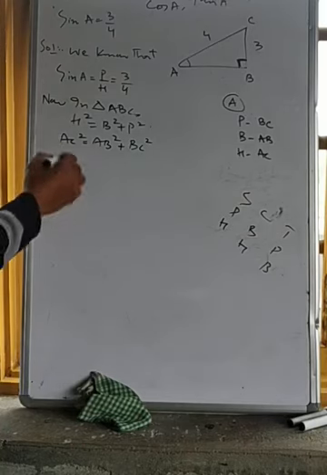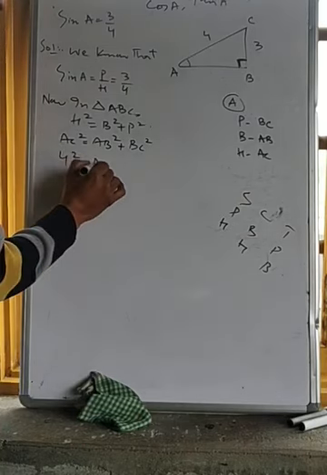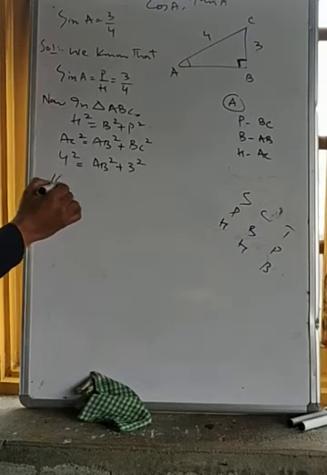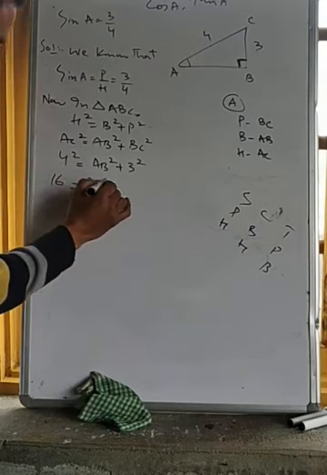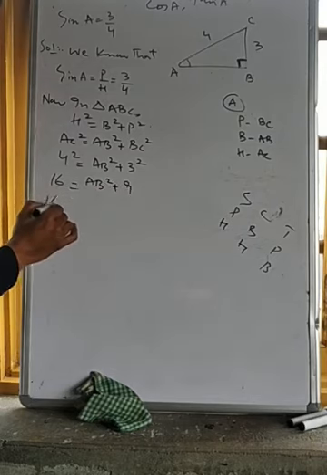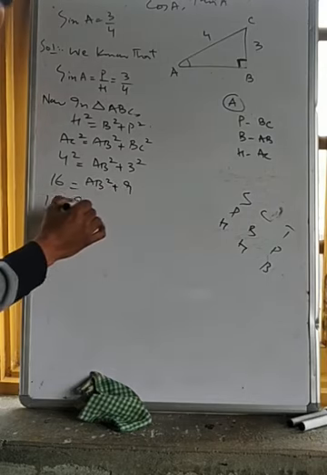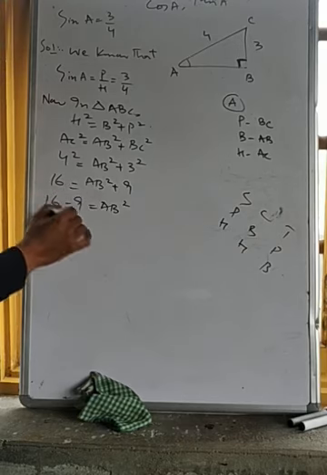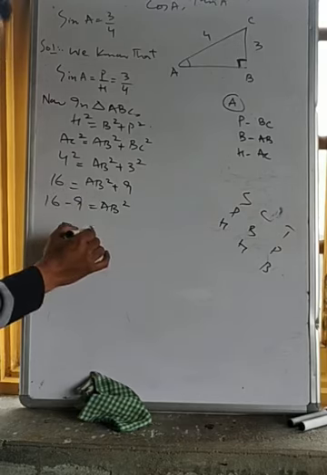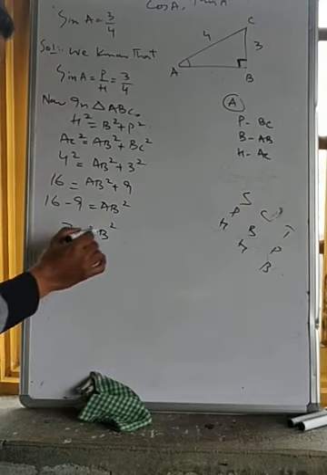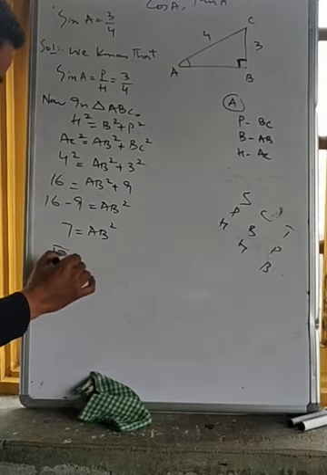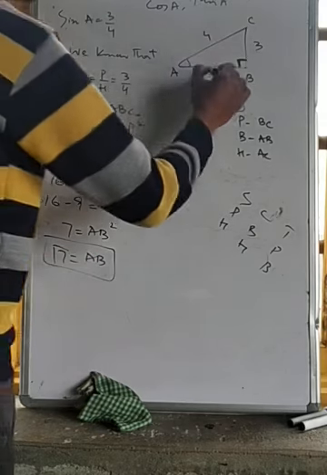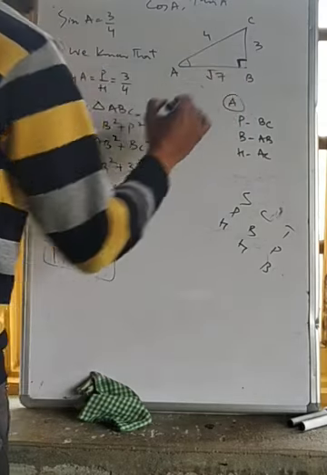AC is 4, AB is not given, BC is equal to 3. 4 square is 16 is equal to AB square plus 3 square is 9. 16 minus 9 is equal to AB square. 16 minus 9 is equal to 7 is equal to AB square. Square will convert into root, so AB is equal to under root 7. Square root 7.